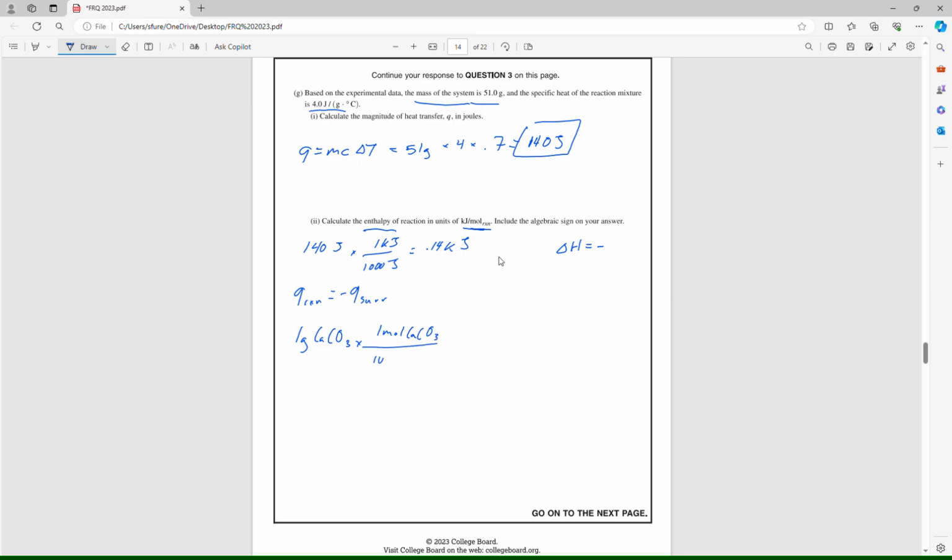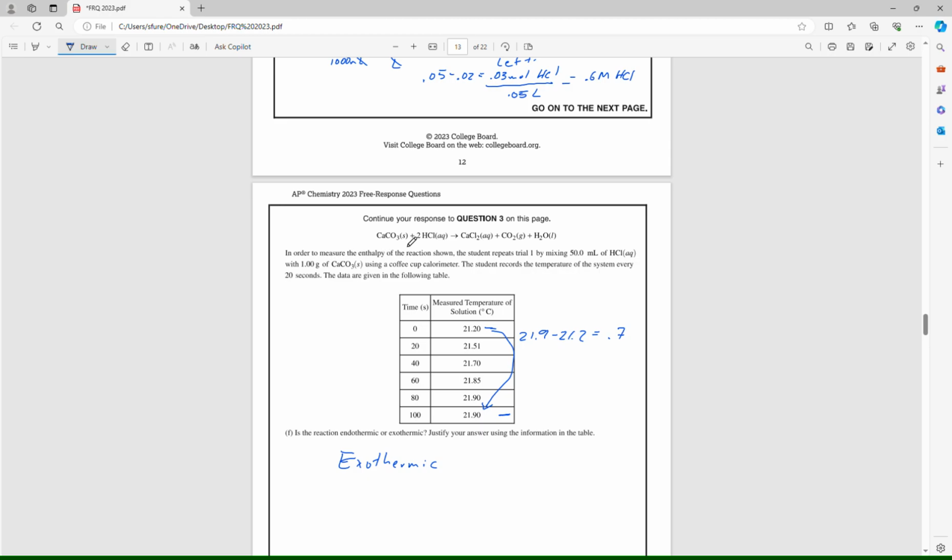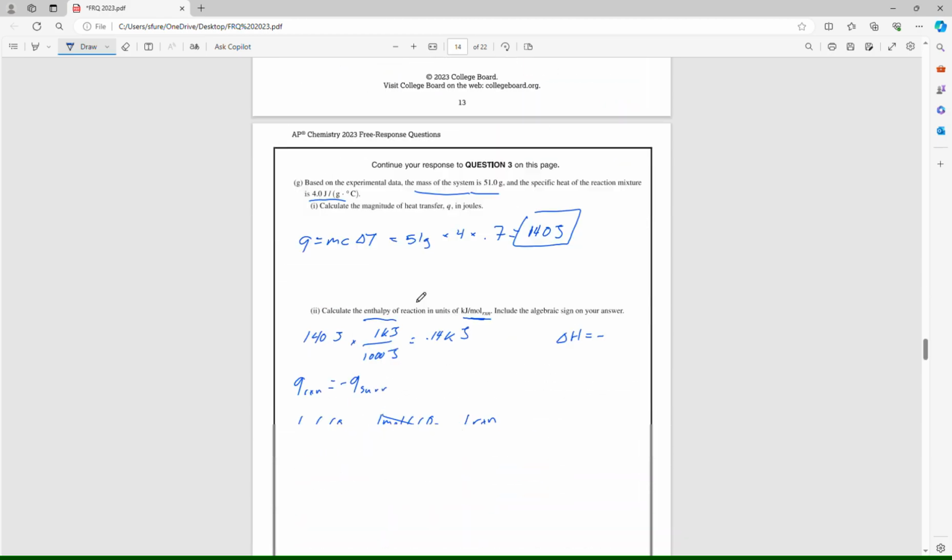That was given to us in a prior problem. And then it is 1 calcium carbonate for every 1 reaction. Let's go prove that real quick. 1 calcium carbonate produces 1 reaction. A whole reaction takes 1 of these.